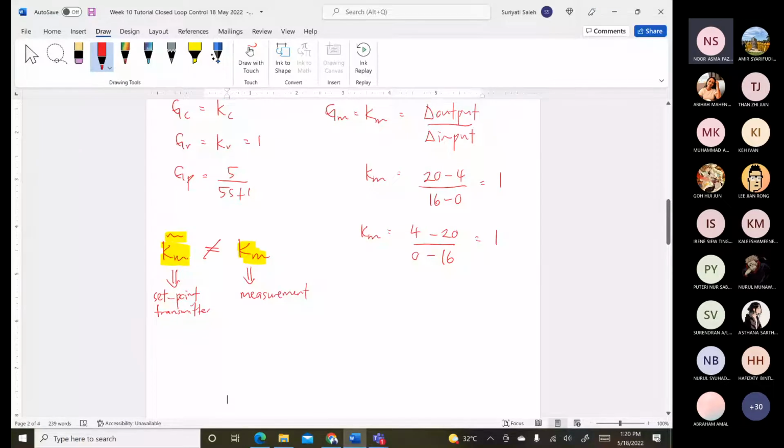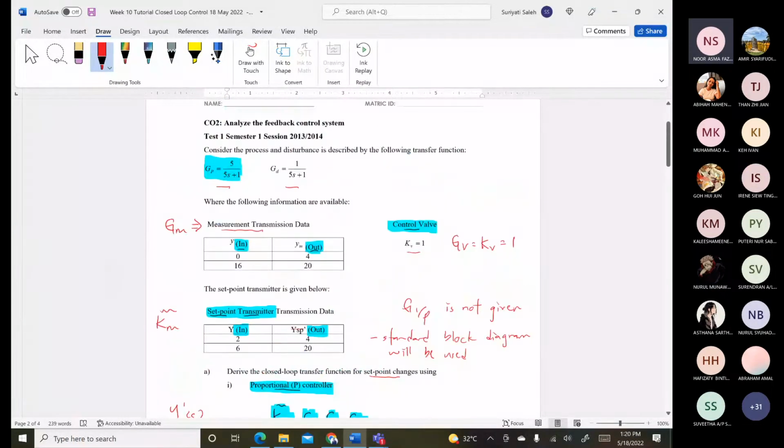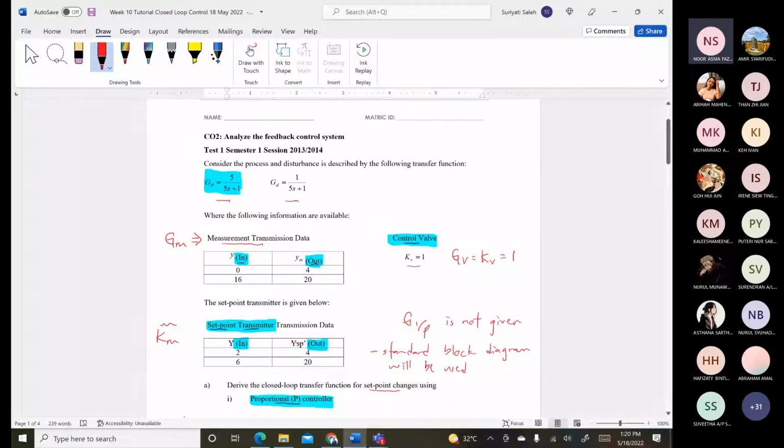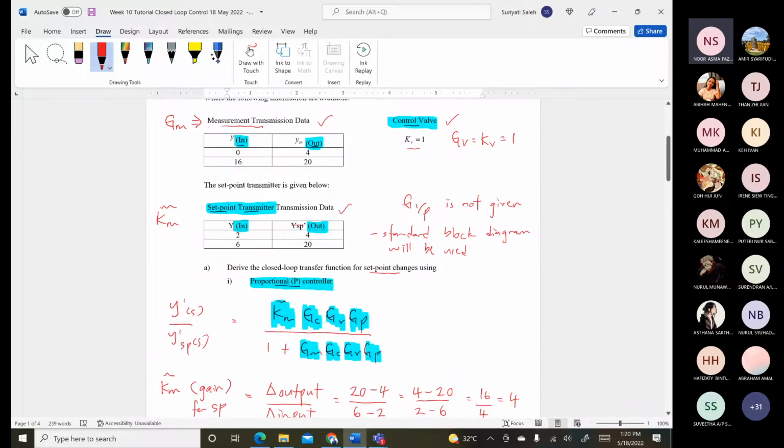Based on this, we already use all of the data. We use the GP, we use the measurement transmitter data, we use the set point, we use the control valve. The only missing transfer function is your disturbance transfer function. For this disturbance, you will not use it for set point changes. In set point changes, this is your equation: Y prime S over Y prime SPS equal to Km bar GC GV GP divided by 1 plus GM GC GV GP.